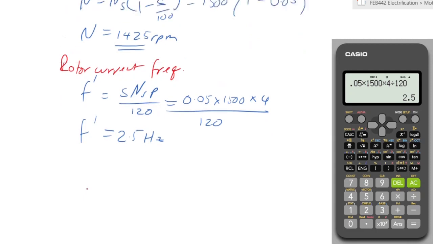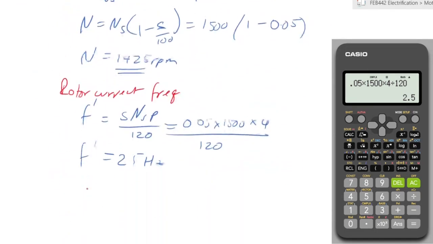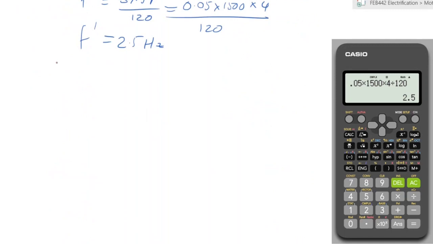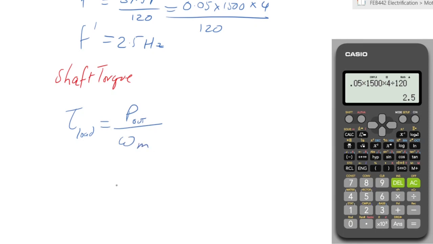And a final one that we have been asked for is shaft torque. So shaft torque is given by tau, which is equal to output power over angular mechanical speed.